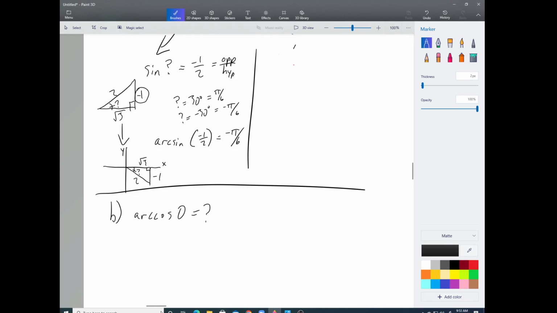If you're trying to find the arc cosine of 0, you have to think about how this means that the cosine of your angle is equal to 0. And think about the unit circle and where that equals 0.